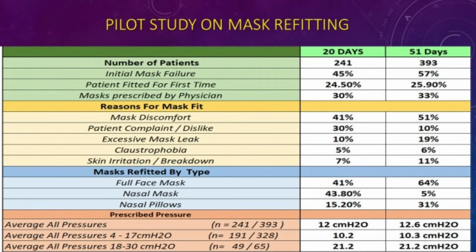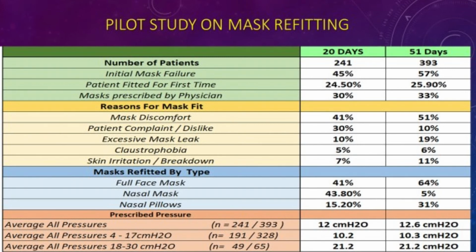And finally, nasal pillows, which was a big shock, 15.2% at 20 days, and that rose to 31%. I believe this may reflect the non-invasive nasal pillows coming in, which just fitted lightly on the bottom of the nose, but really didn't insert into the nostrils.